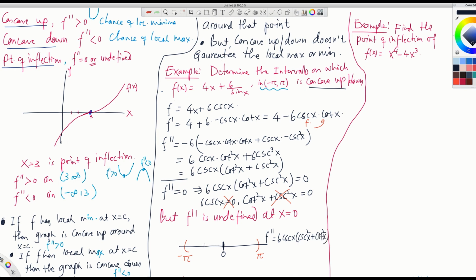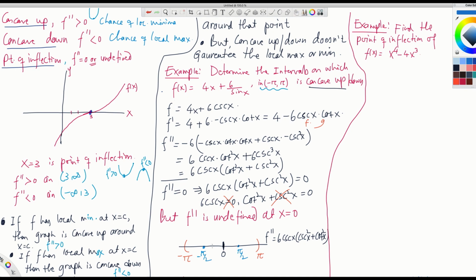So what we do is plug in different values as test points here. Let us take test points negative pi over 2 and positive pi over 2. If you use a calculator and plug in, from the graph you see that it will never be 0, and at x equals 0 f double prime will be undefined.